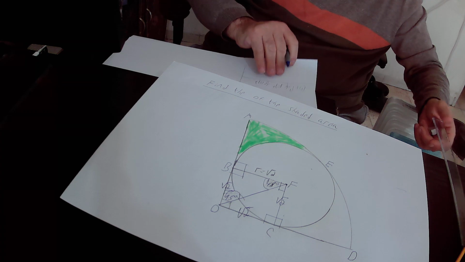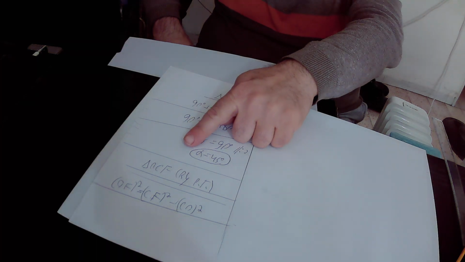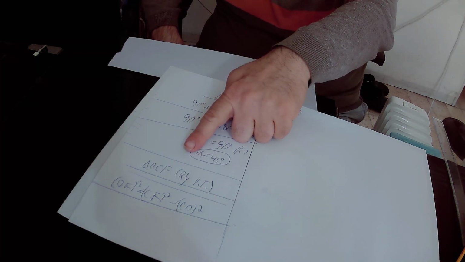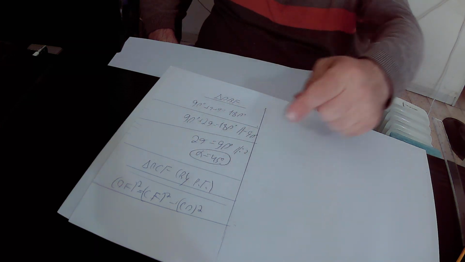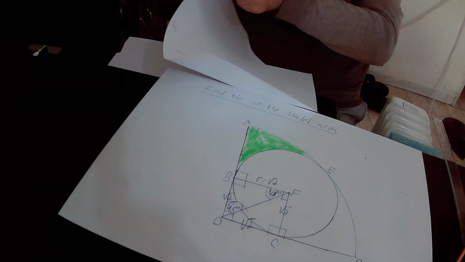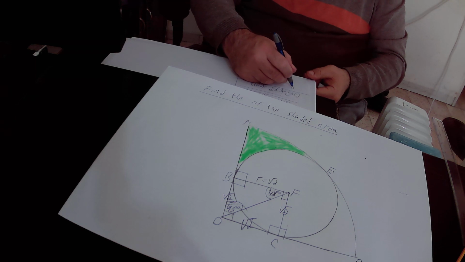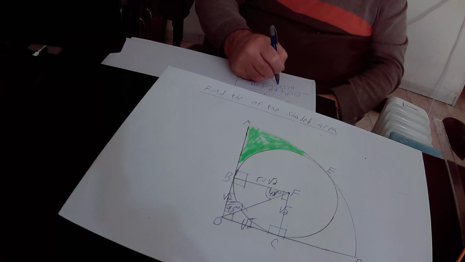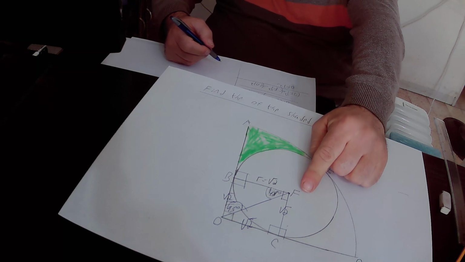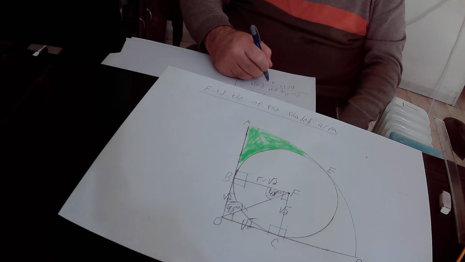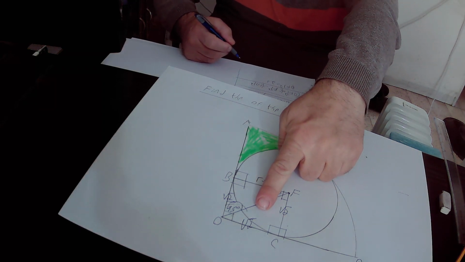Repeat again. In the right and isosceles triangle, triangle COF or OCF, according to the Pythagoras theorem, OF squared equals CF squared plus CO squared. So OF squared, that is the square of the hypotenuse, equals CF squared. CF is the square root of 2, therefore CF squared is the square root of 2 squared, that is 2, plus CO squared. CO is also square root of 2, so CO squared is 2.